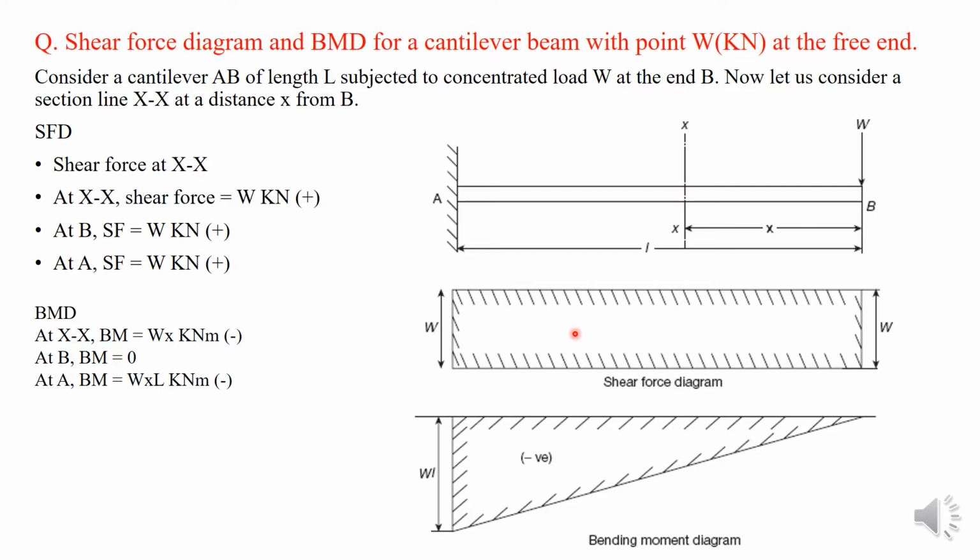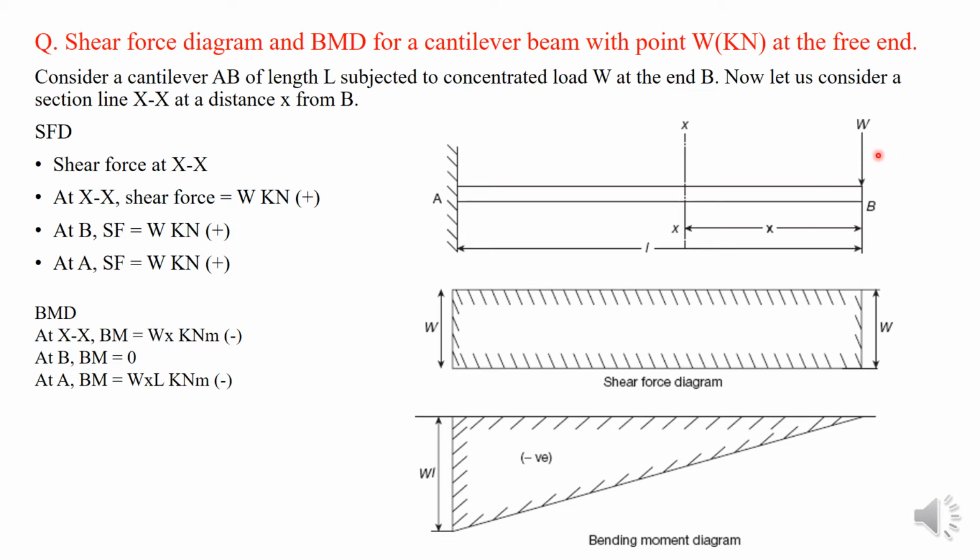Okay, now we have to draw the bending moment diagram for this cantilever beam. So follow the same steps that you followed for drawing the shear force diagram. First of all, consider a section line XX which is at a distance H from the point B, and take the moment of the loads acting on the right hand side of this section line about this section line.